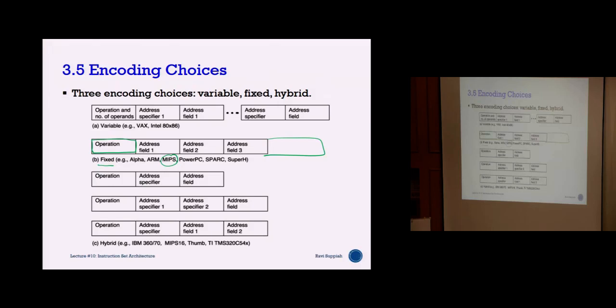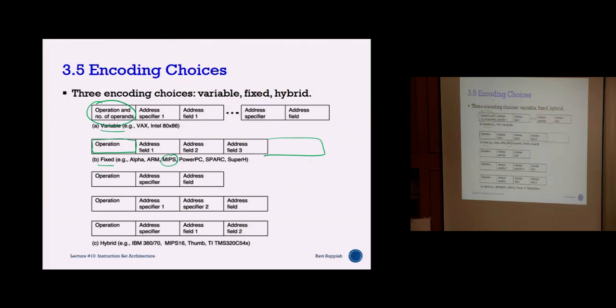Whereas the other option is a variable instruction length. Variable instruction length means different instructions can have different lengths. So I need to look at my opcode to know upfront: if this is the opcode, it specifies a subset of instructions that are 16 bits long.